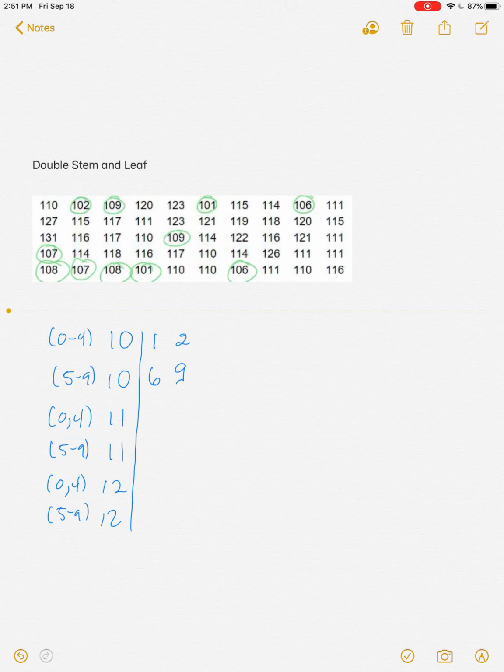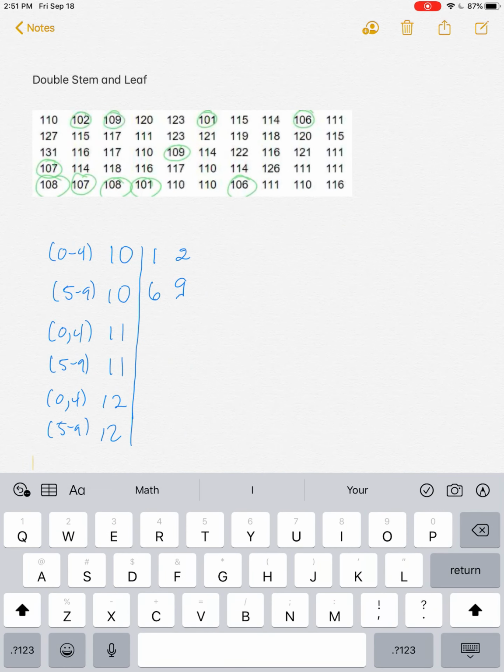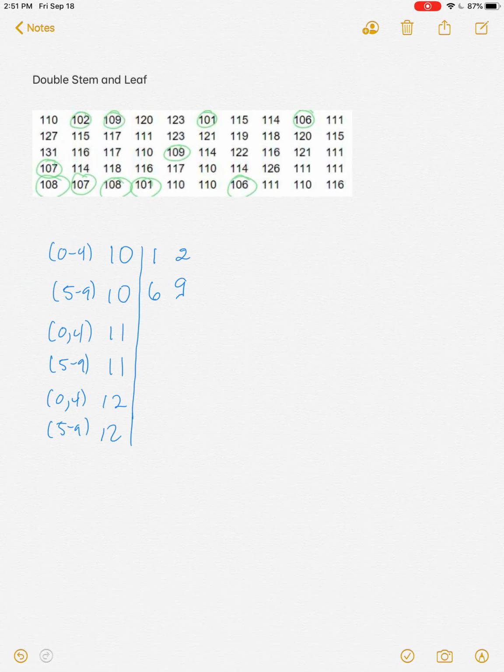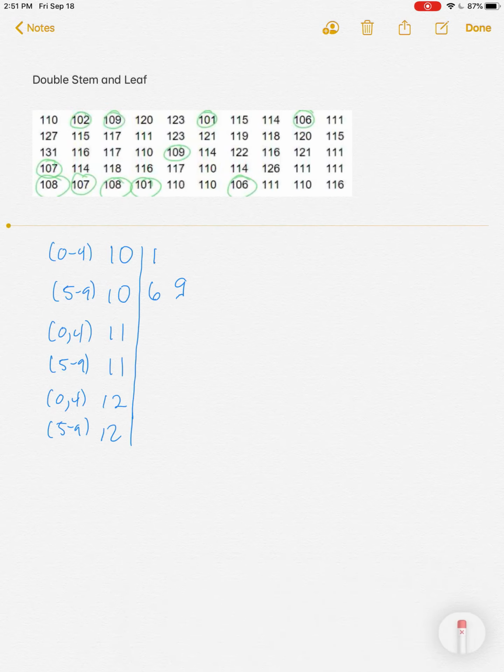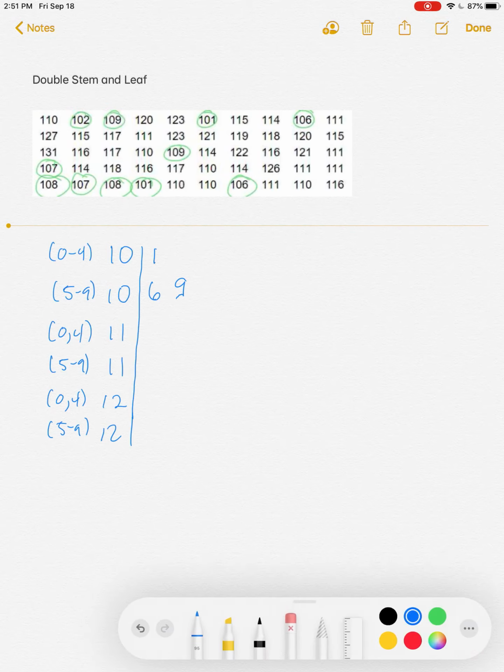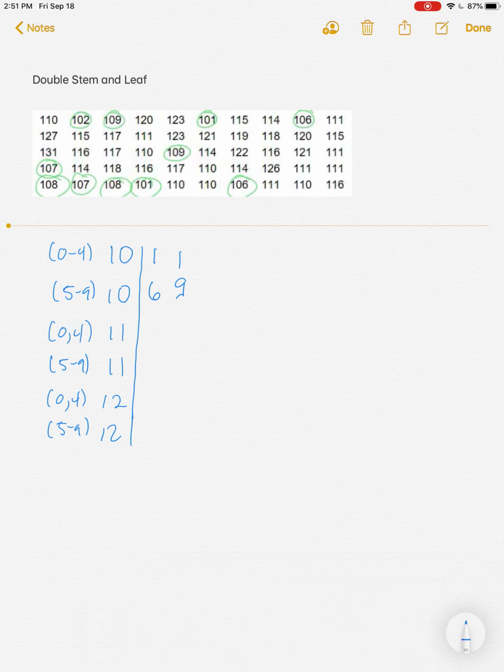And so as we look at this, we have to throw in these 107s, 101. So there's an additional 1 that needs to be put in there. Right, there's another 101. 101. And then we had the 102. So we took care of that 101 that's down there.